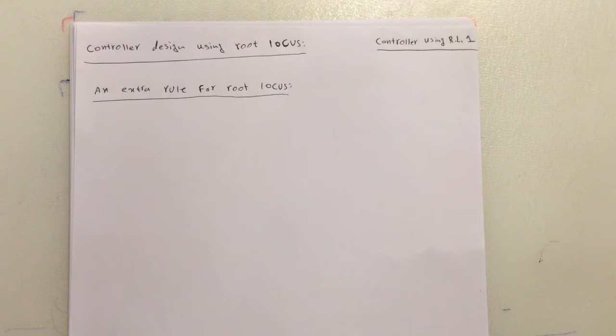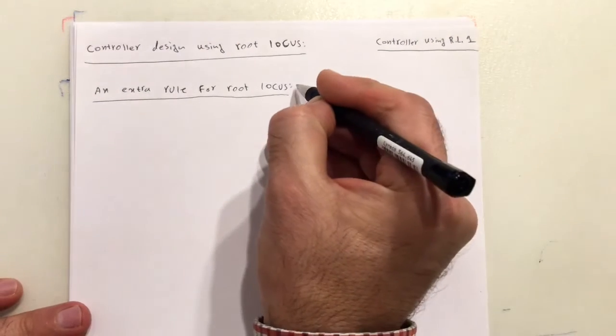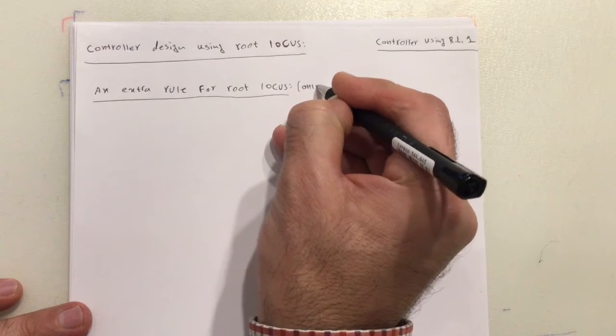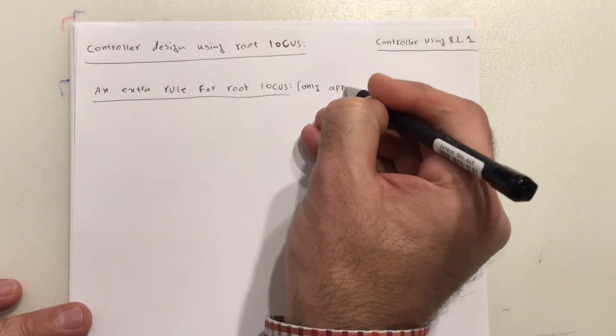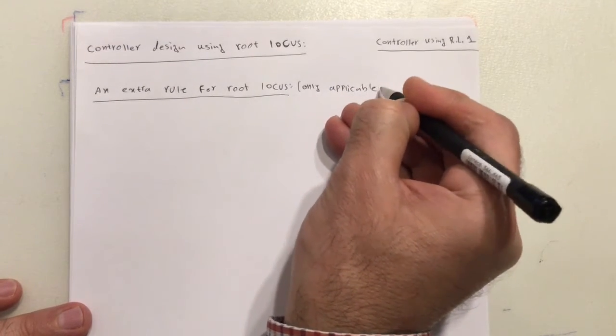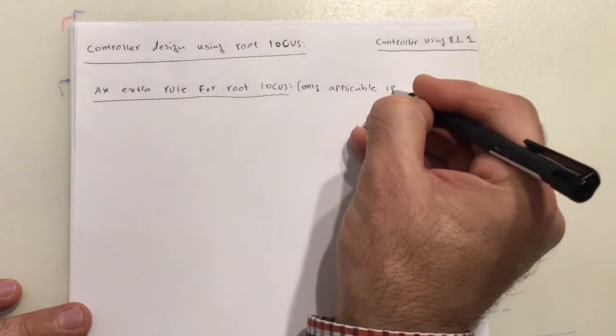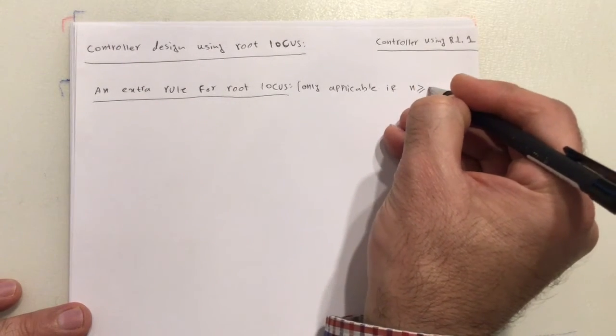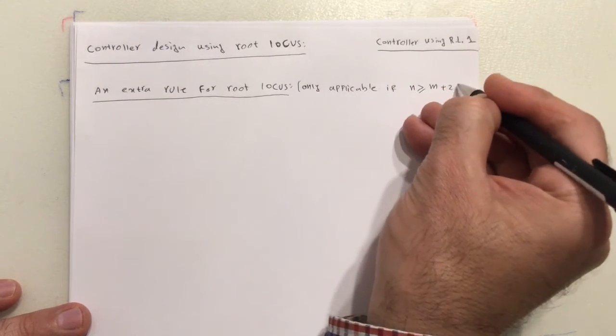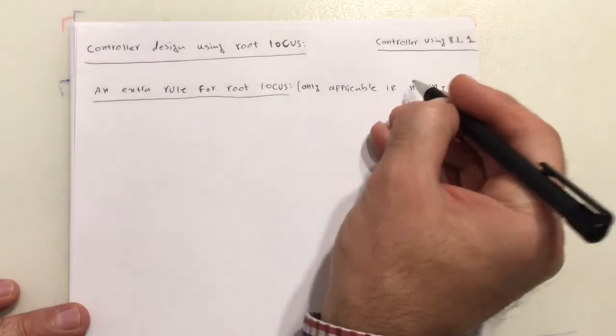It's only applicable to systems that have at least 2 more poles than zeros. So only applicable if n is greater or equal to m plus 2. And what is n?